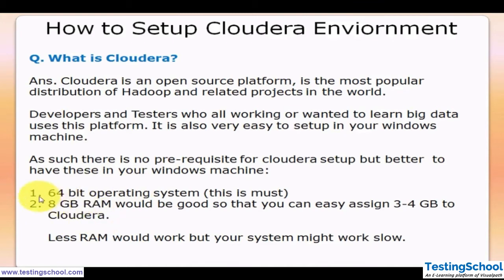The second prerequisite is RAM. We suggest 8 GB RAM, as Cloudera also suggests, but if you have less, that will also work. It is advisable that you have 8 GB of RAM so that you can assign at least 3 or 4 GB RAM to your Cloudera environment so that it works fast.